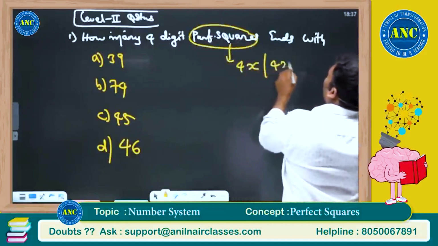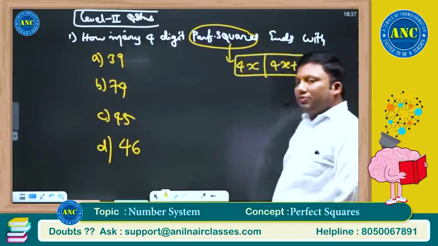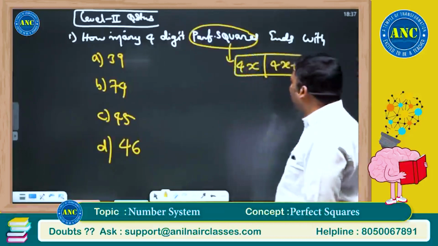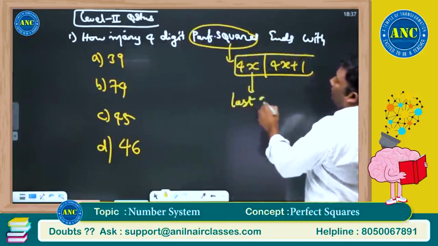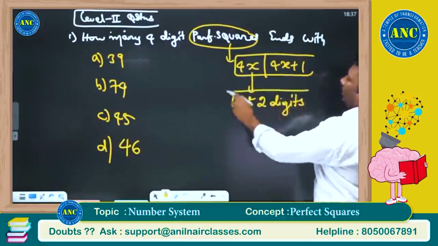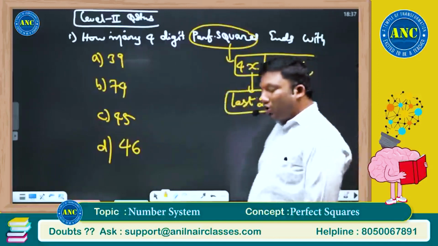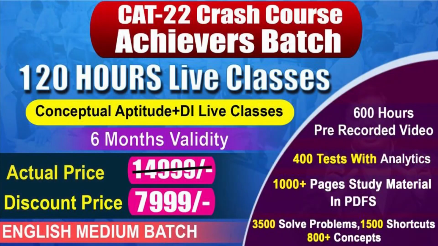Either it is 4 into something or 4 into something plus 1. What is the divisibility rule of 4? Last 2 digits should be divisible by 4. I hope it is clear.